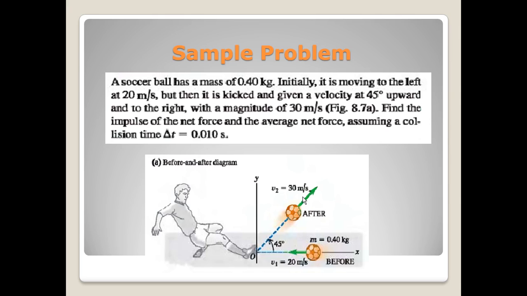So essentially, what we have computed is simply the momentum of the ball along the x-axis. Now, if we wanted to compute for the momentum of the ball along the y-axis, we simply get 30 sine 45.